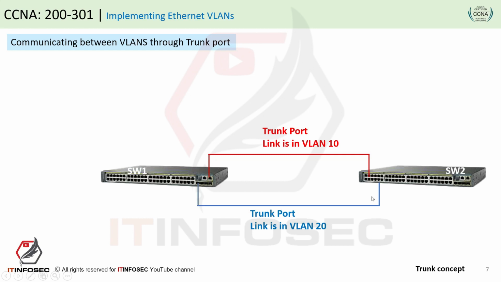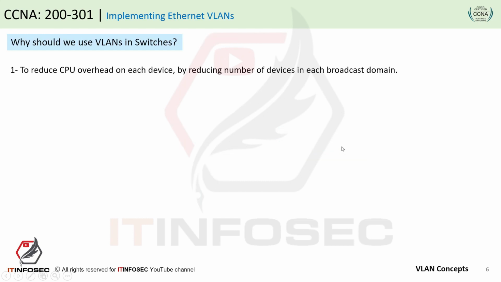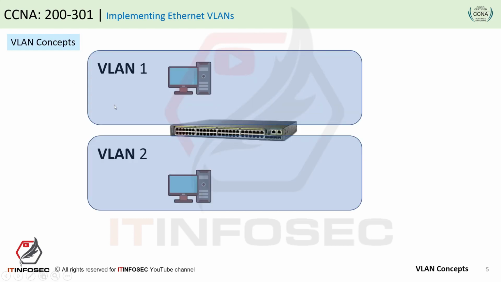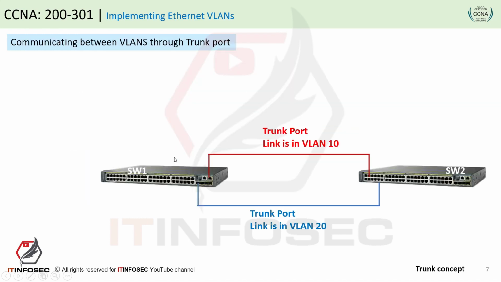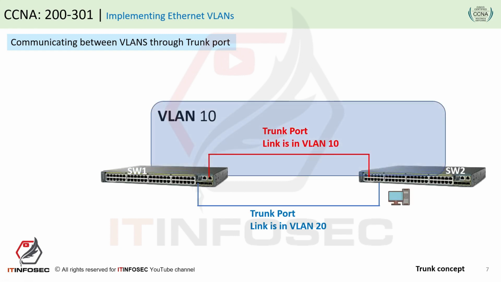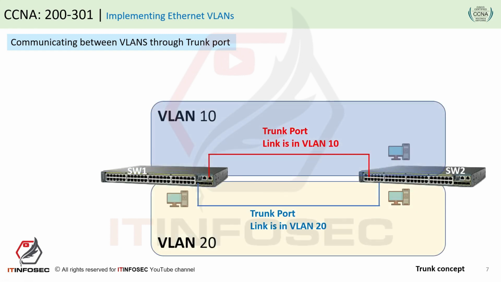In this image, we have two trunk ports, for example for VLAN 10 and VLAN 20, or VLAN 1 and 2, not important.